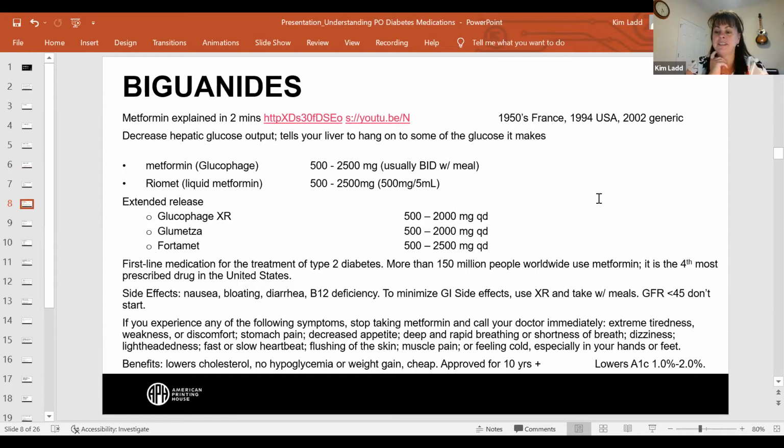Now, I did want to say, because I failed to mention it earlier, all of these oral medications that I'm going to talk about are for people with type 2 diabetes. The two main types of diabetes are type 1 and type 2. Type 1 is an autoimmune disease where your body attacks your pancreas and destroys its ability to produce insulin. So if you have type 1 diabetes, pills are not going to help you.